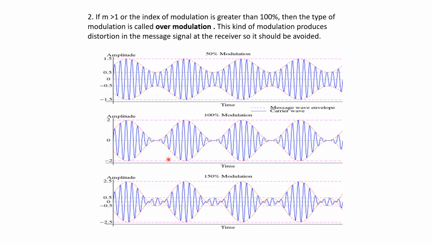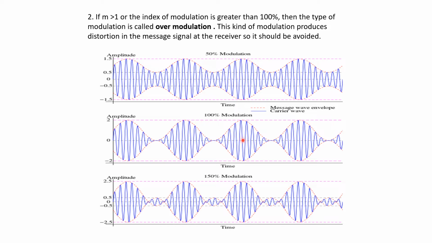Hence, it is the case of 100% modulation, or in other words, the value of index of modulation is 1. We can also define in the present case that for 100% modulation, or m equals 1, the amplitude of modulating signal, that is Vm, is equal to the amplitude of the carrier signal, that is Vc. Vm is equal to Vc.